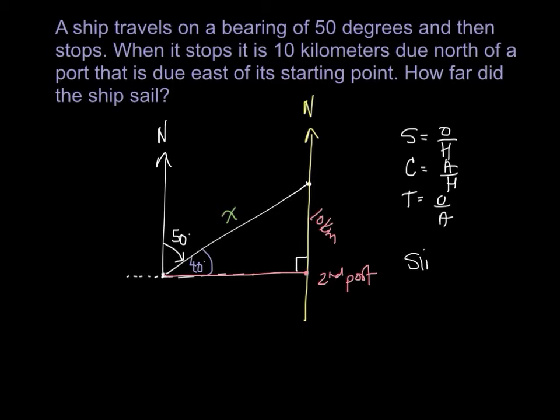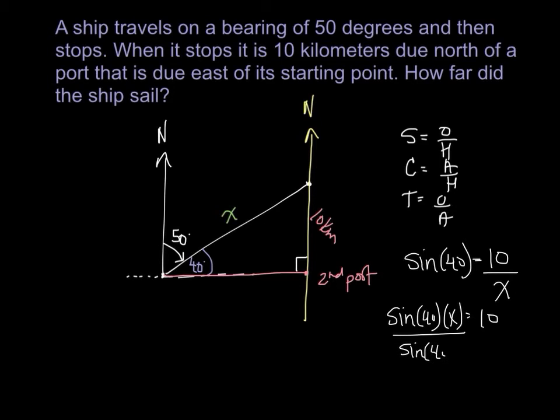So I'm going to set that up. I have sine of 40, and I'm just using trig on the triangle, equals 10 over x, opposite over hypotenuse. And how we solve this kind of problem is you cross multiply. So I have sine of 40 times x equals 10. And then to solve for x, I need the sine 40 to be cleared away. It's being multiplied there, so I'm going to divide both sides by sine 40.